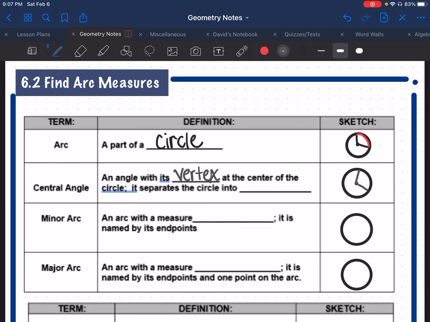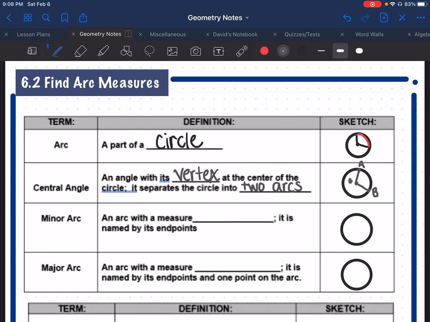It separates this circle into two arcs. And you can see them. There's one right here, and then there's a second one right here. Okay, we separate into two arcs. So it might be nice, sometimes you see letters, and you'll see that today.